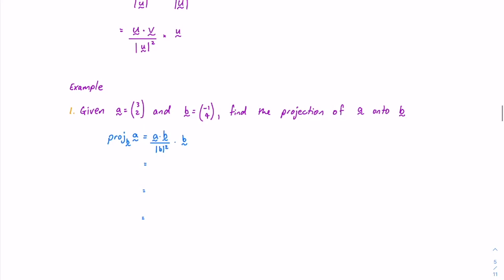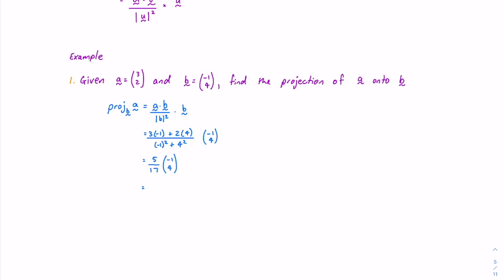So let's put some numbers into that. The dot product of a and b, of course, is 3 times minus 1 plus 2 times 4. And then I need to divide that by the magnitude of b squared, so negative 1 squared plus 4 squared. And I need to multiply that by b. Putting that whole fraction into my calculator, I do get 5 on 17. Now, it is okay to leave it there if it's not going to simplify nicely, which obviously this one is not going to.